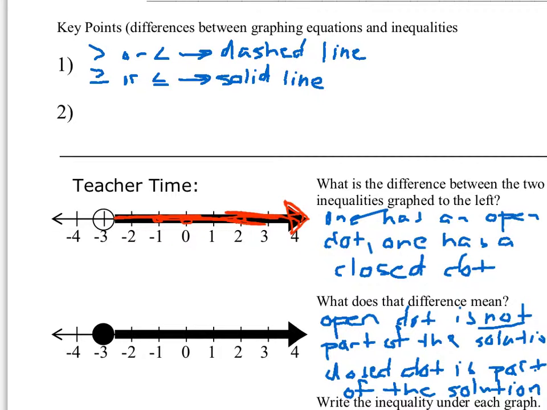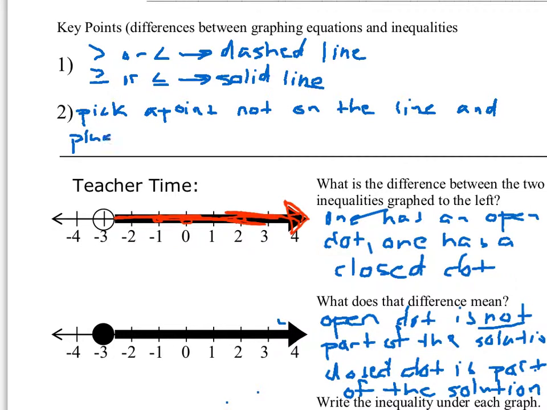So you have to pick a point, not on the line, and plug it in to decide which side to shade.